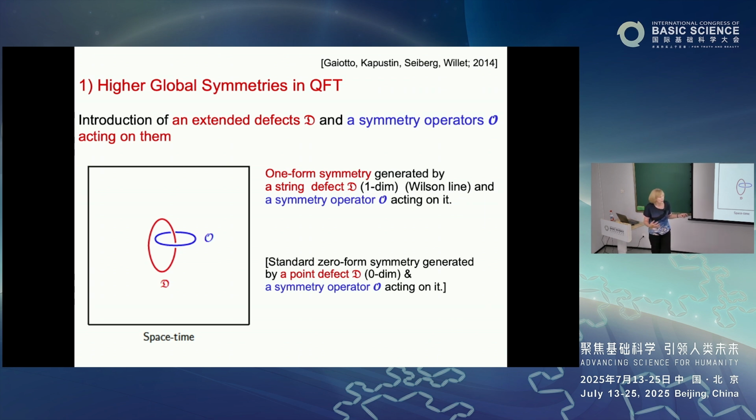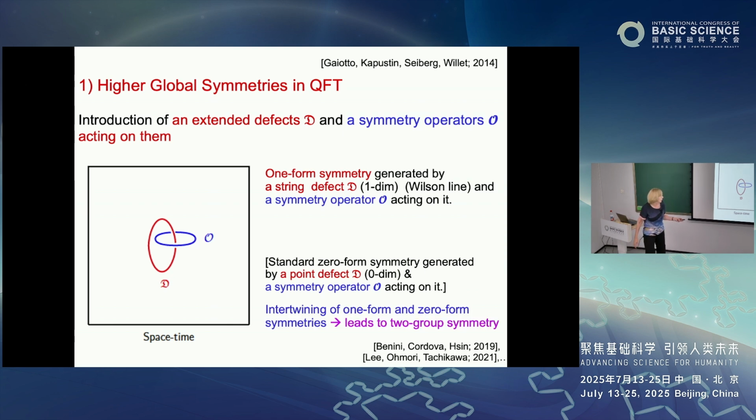Similarly, of course, our well-known zero-form symmetry is associated with the point defect and corresponding symmetry acting on it. There are examples in quantum field theory where one-form and zero-form symmetries are intertwined. They are non-trivially connected, which leads to the so-called two-group structure symmetries.